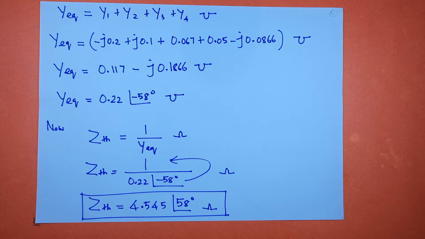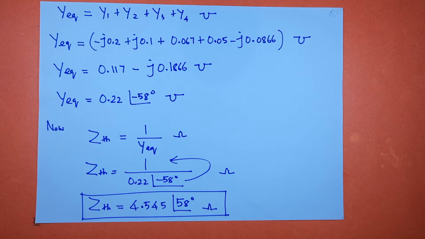It is just the reciprocal of resistance or the reciprocal of impedance. So Y equivalent equals Y1 plus Y2 plus Y3 plus Y4 mho.